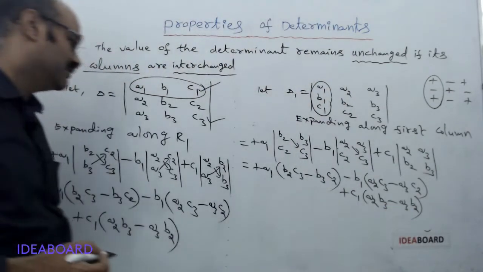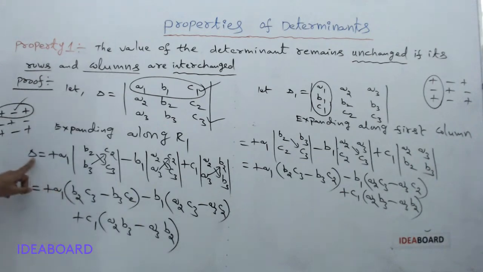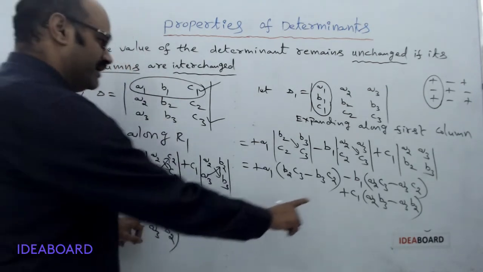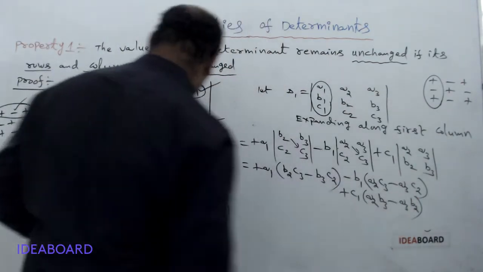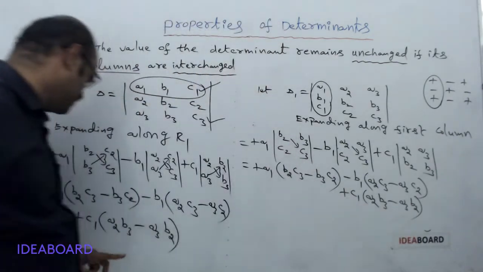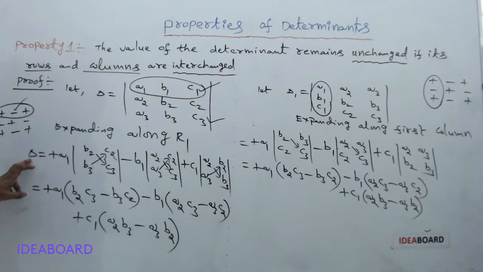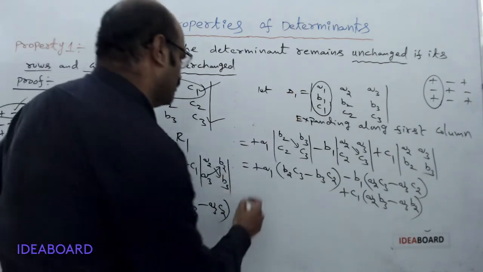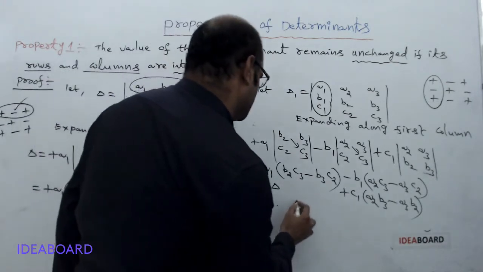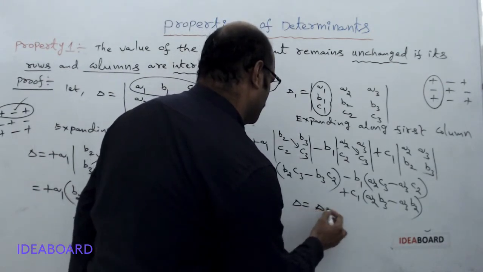Therefore after expanding delta 1 we have plus A1 into B2C3 minus B3C2, next minus B1 into A2C3 minus A3C2, plus C1 into A2B3 minus A3B2. Now we say that delta 1 equal to delta. Therefore delta equal to delta 1.